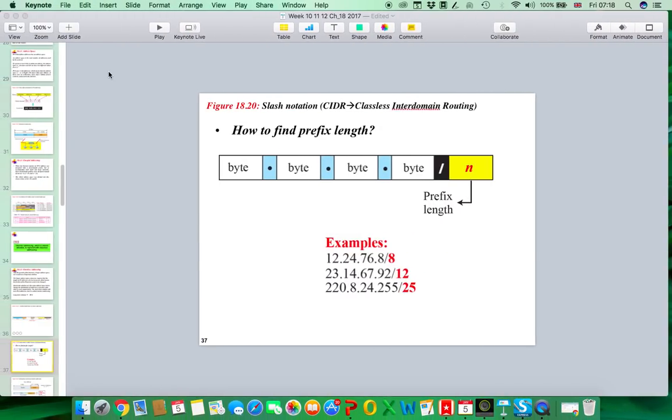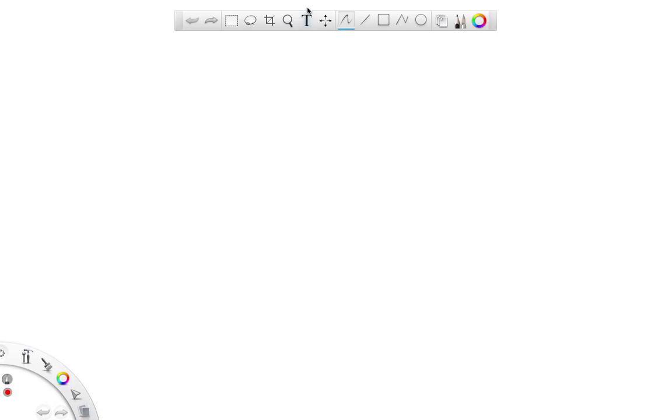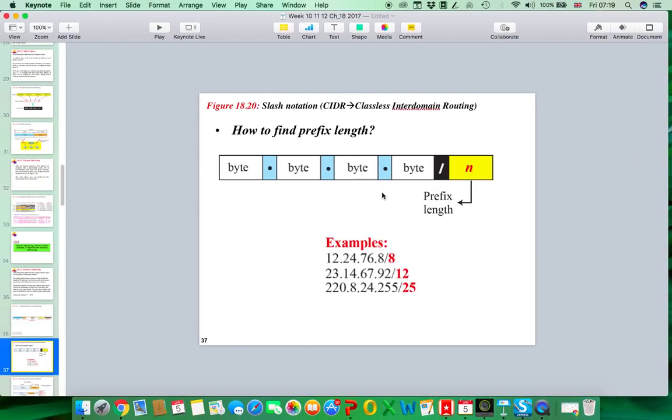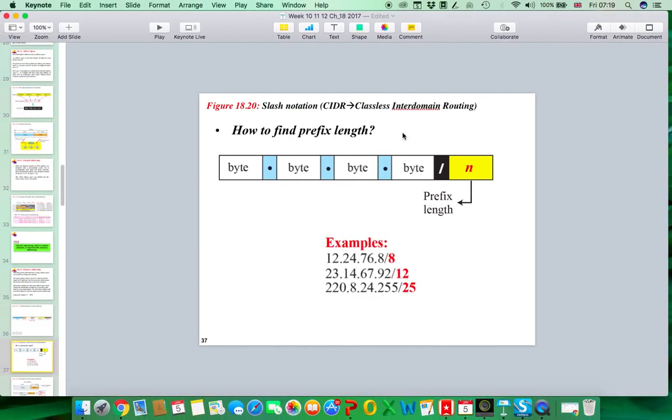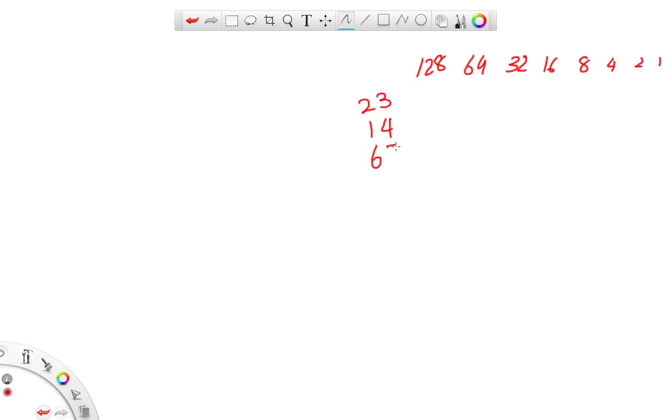So let's look at our example here. We have 23.14.67.92. Now let's convert all this to binary first.